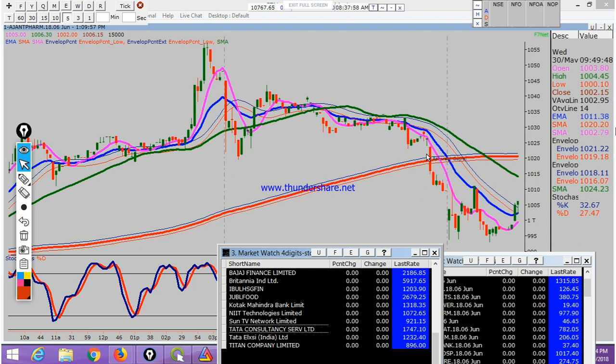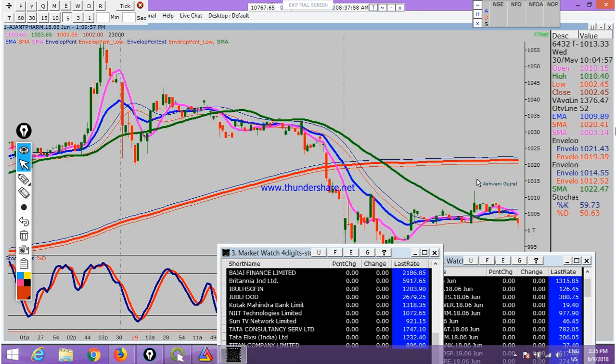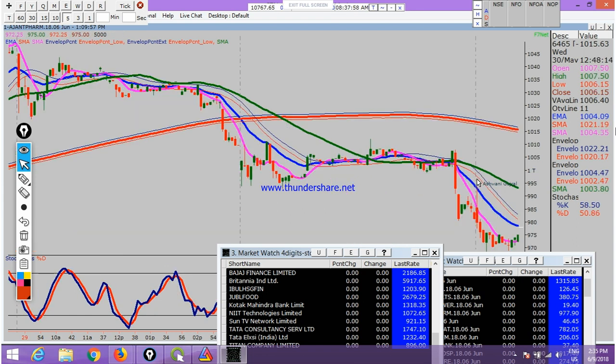So market opened, went up and held the 20 and finally started coming off. So always the first pullback tells you something about how strong or weak the stock is.